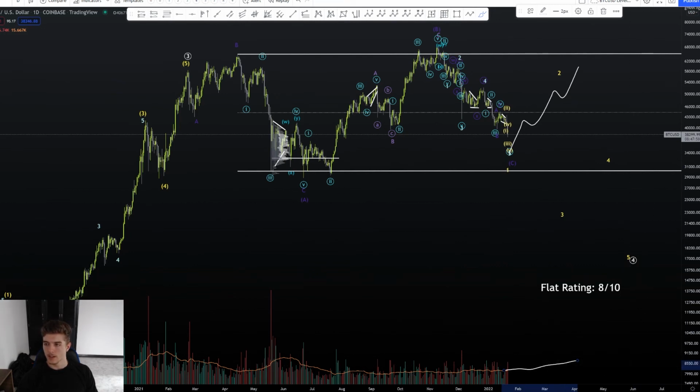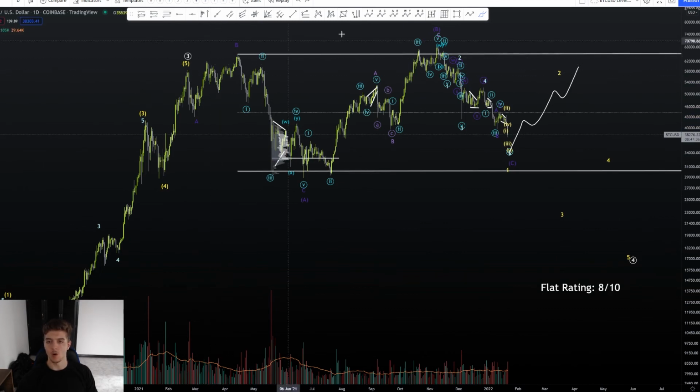Now, if we end up getting steady volume or even decreasing volume, like so, as we make our way up here, then we have to be a little bit more wary buying in on this pullback. We have to be a little bit more cautious. So that's what we're looking at if this is a running flat.